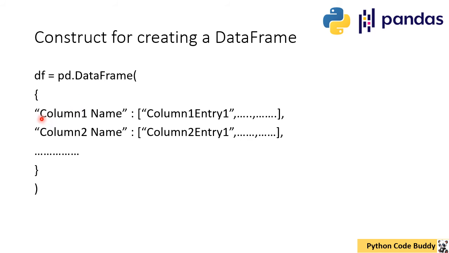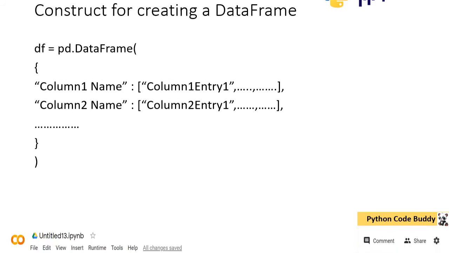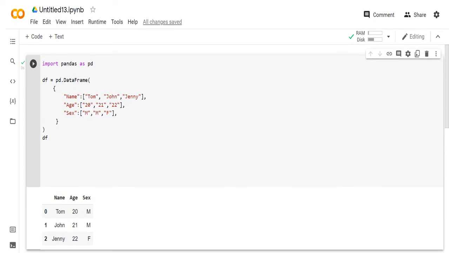Then we have column one name in quotations, then a colon, and then column one entry one, and similarly column two name, and then column two entry one. So this is a basic construct. Now in the next slide you will see how the code looks.